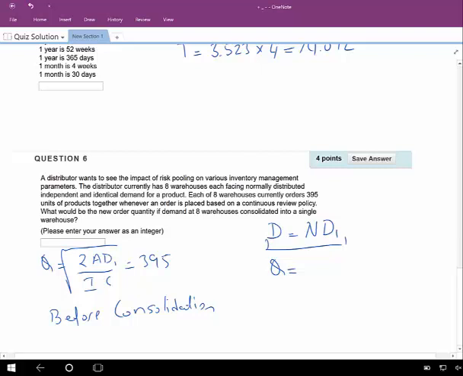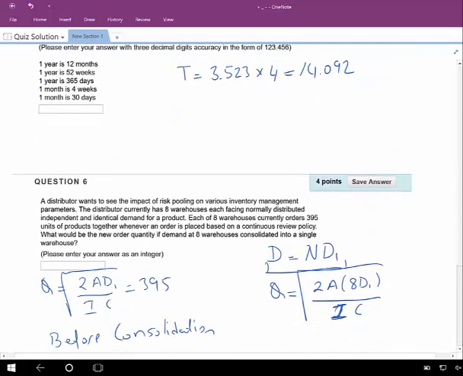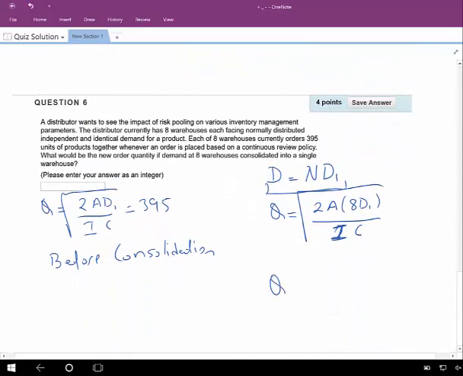So Q is equal to the square root of 2A times 8D1 over IC. If I do the math, it is basically square root of 2AD1 over IC times square root of 8.